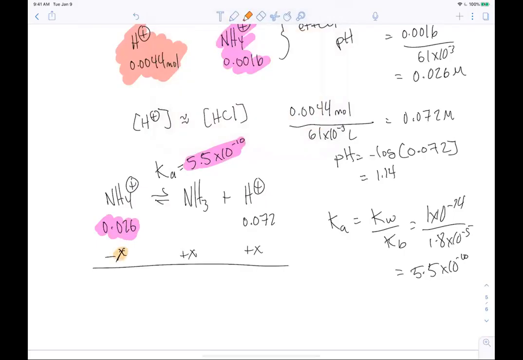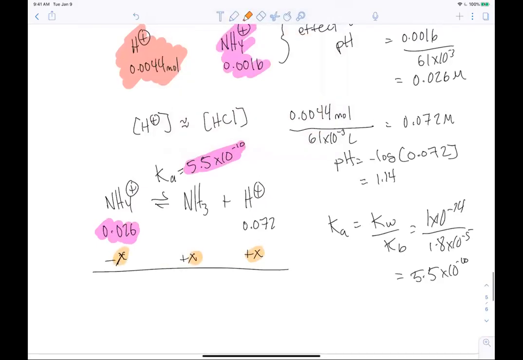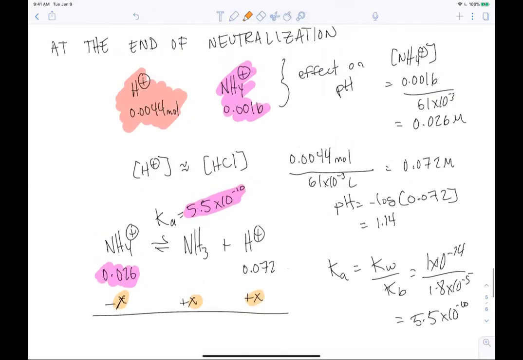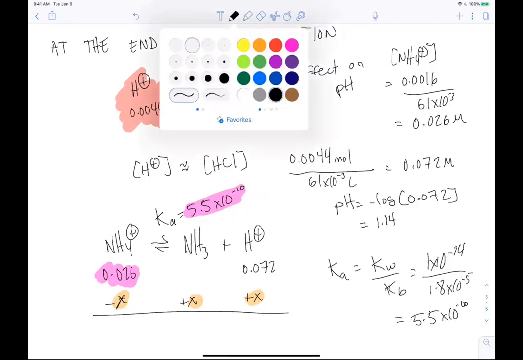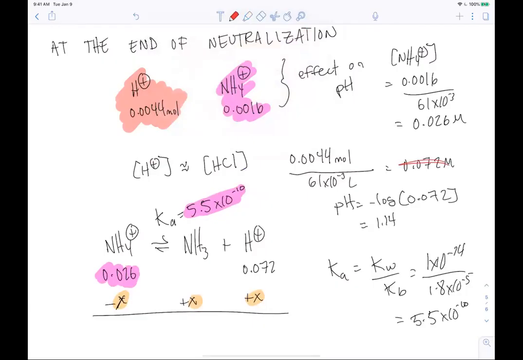And we know it's going to be much smaller than 0.026. And if we come back and look at our acid concentration over here, it's 0.072 molar. So we know that it's probably not going to contribute much to the pH, generally speaking. So I know that's confusing.